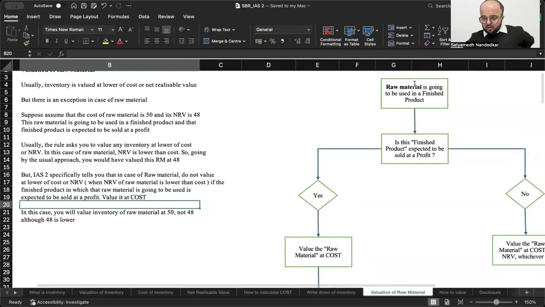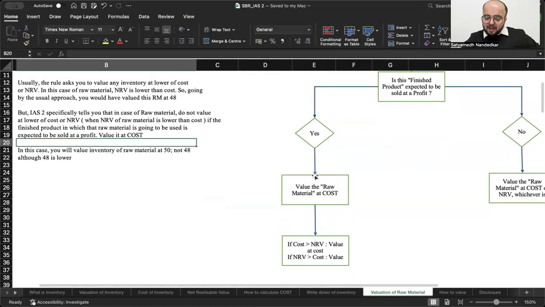So for raw material, ask yourself a question. Is this finished product expected to be sold at a profit? If the answer is yes, value the raw material at cost. If cost is greater than NRV, still cost. If NRV is greater than cost, always cost.